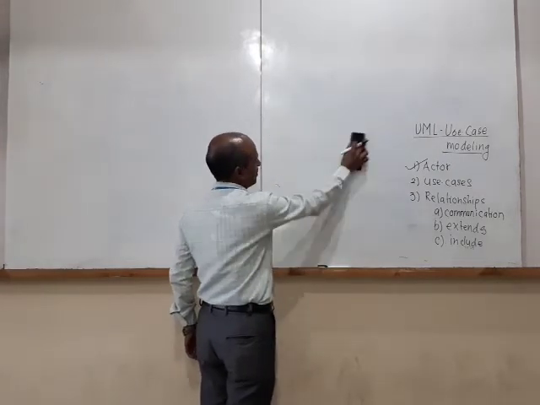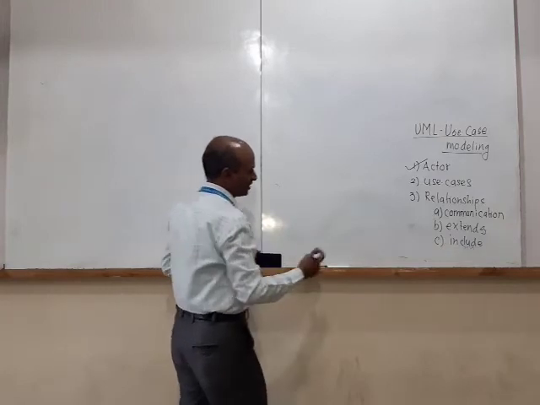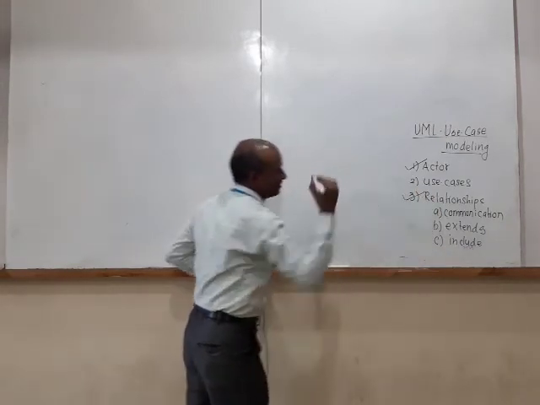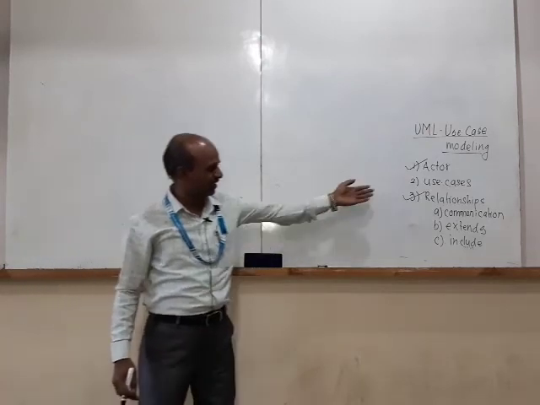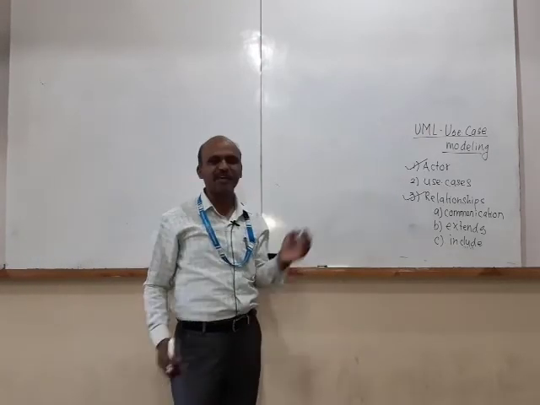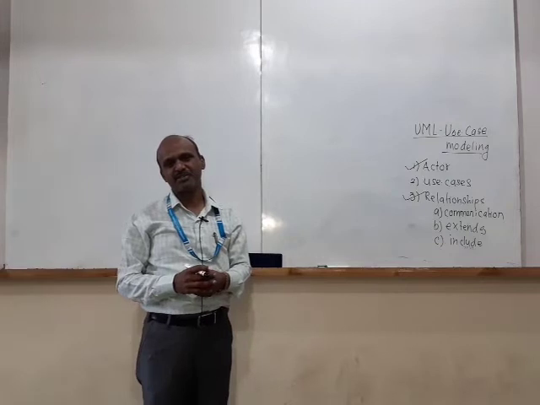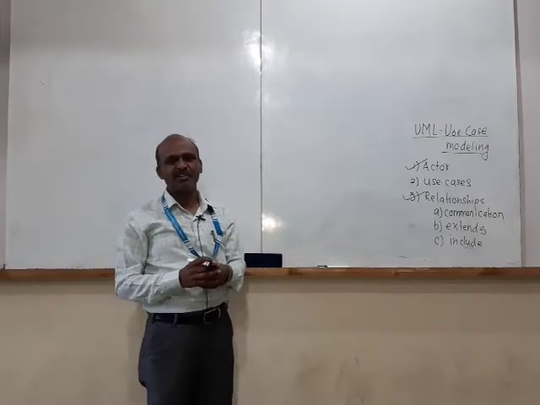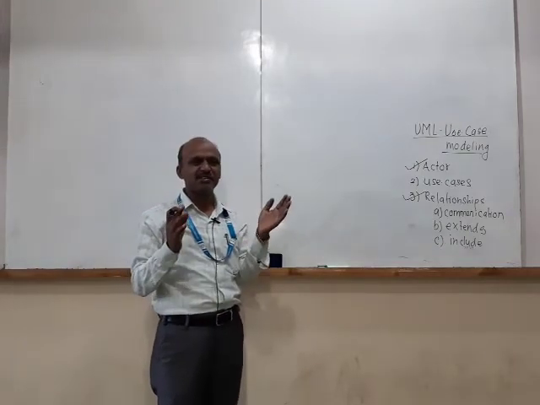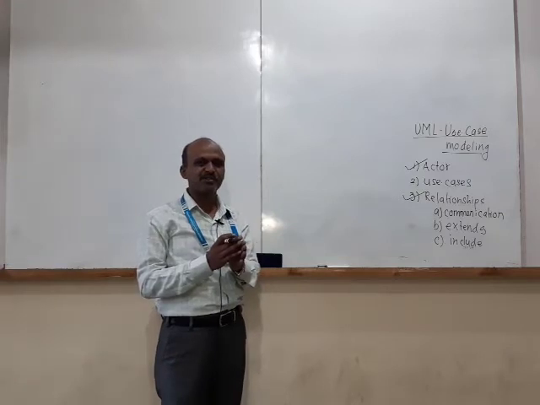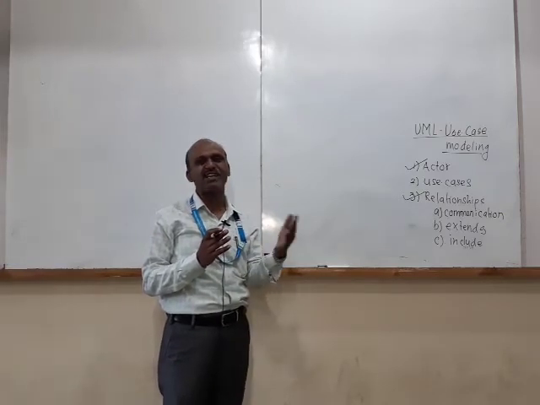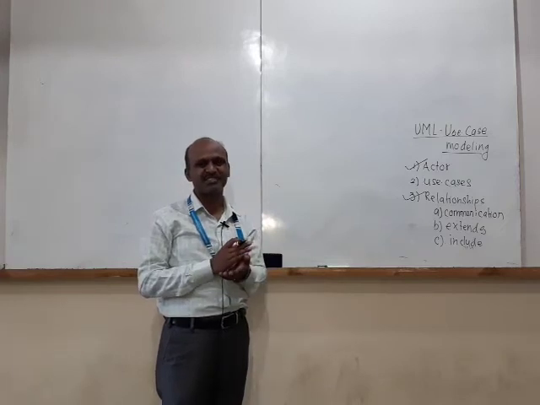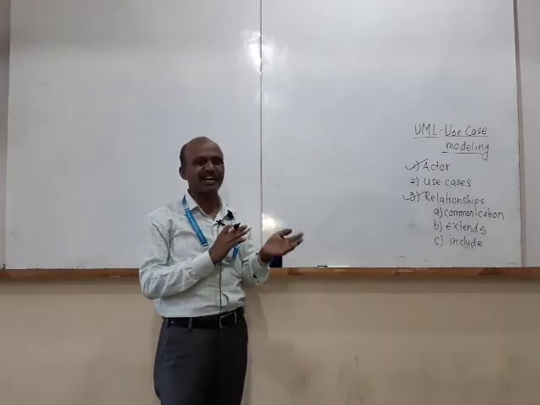Next, to complete use case modeling, the third thing is relationships. As we were discussing, there are three types of relationships. Relationships show the connections between actors and use cases and between use cases, and how they are interconnected.